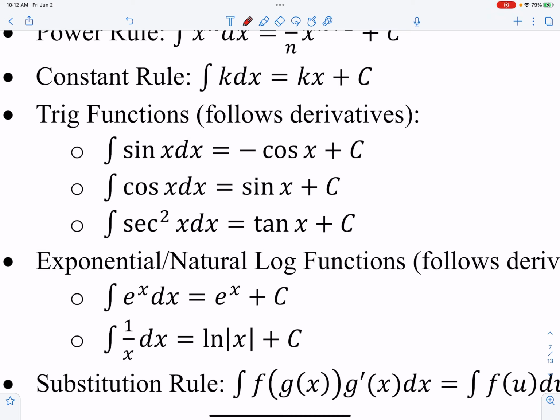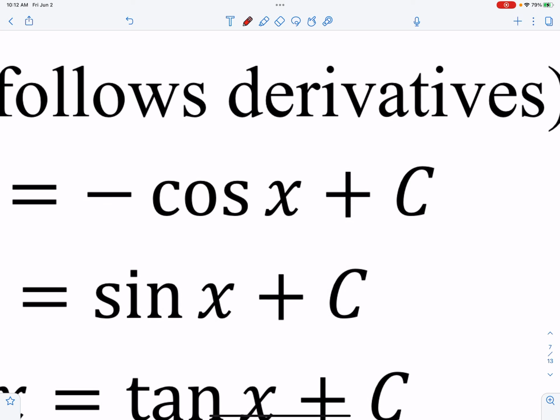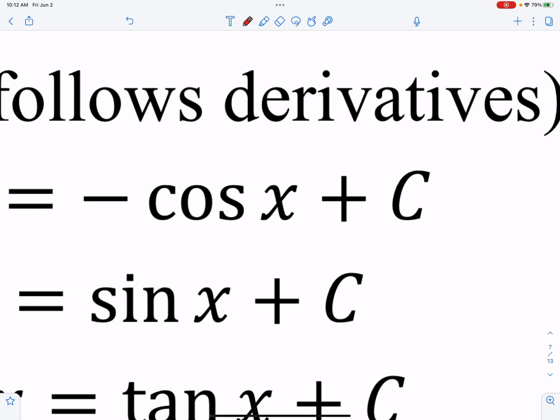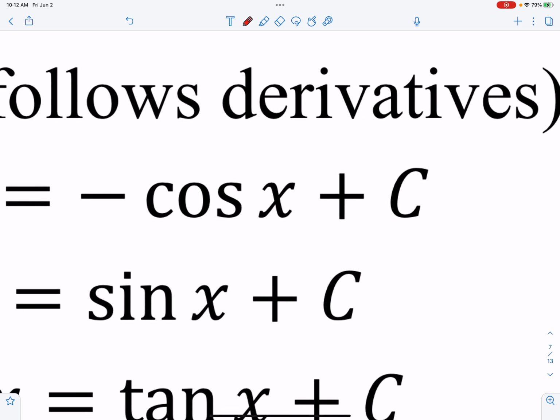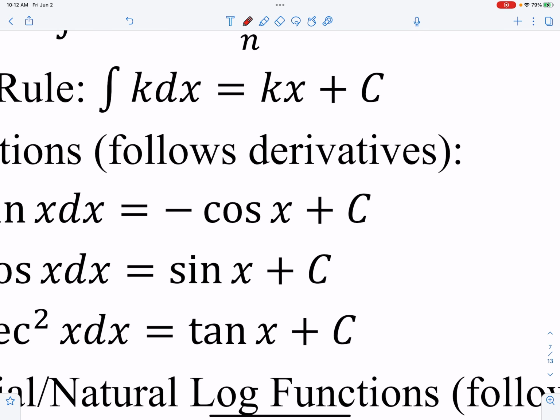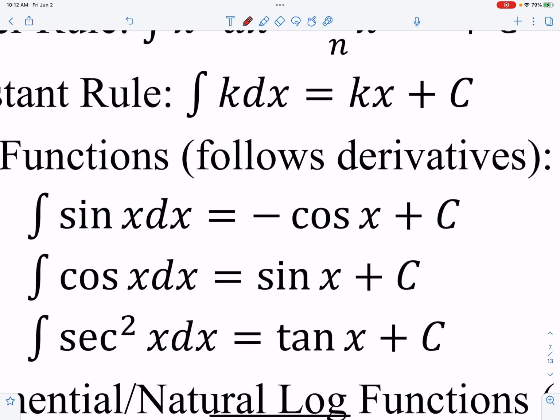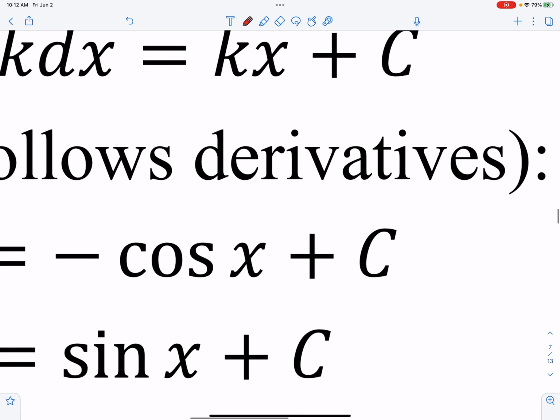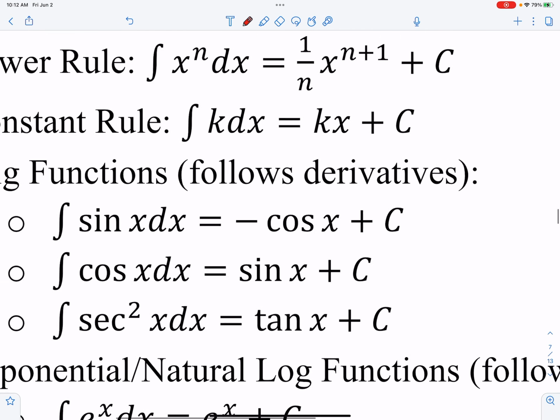So if we integrate sine, we get negative cosine because the derivative of cosine, remember, was negative sine. So in order for negative cosine to have a derivative of sine, in order for this derivative to be equal to positive sine, it has to be negative cosine.